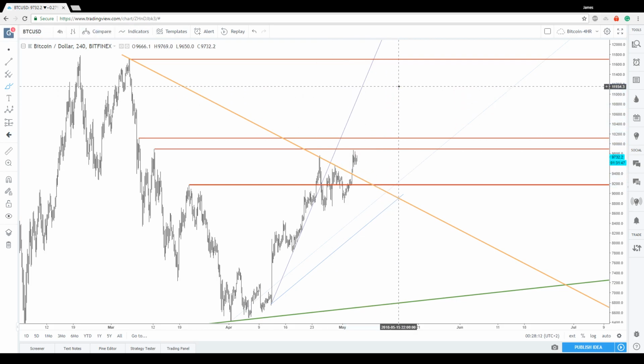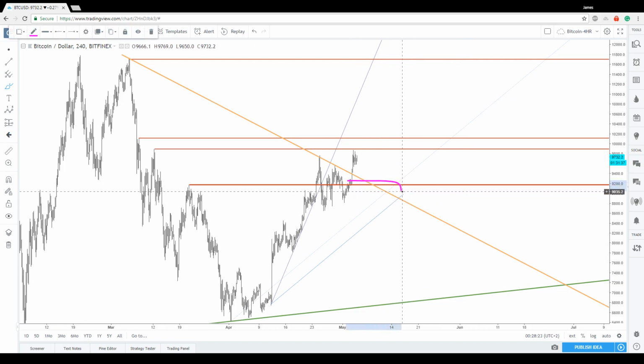So I gave everybody the numbers. You should know exactly what's going on in the macro, the bigger picture. If we break below this zone, this is obviously going to show weakness and a return to a prior consolidation.